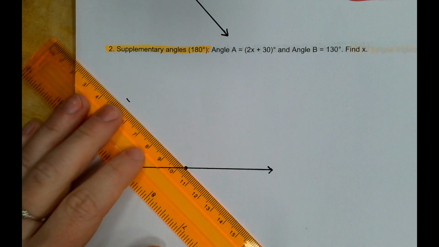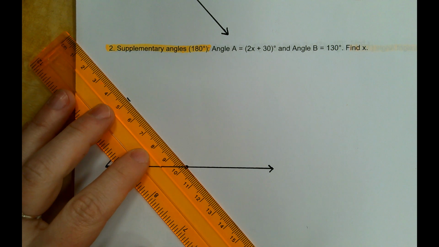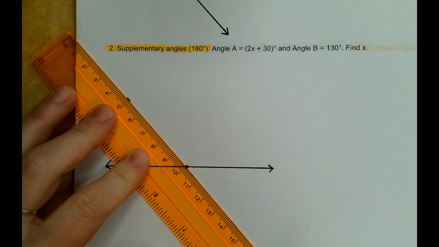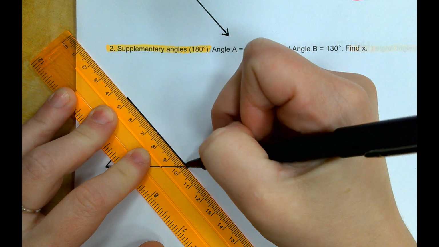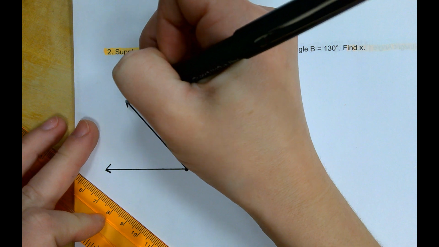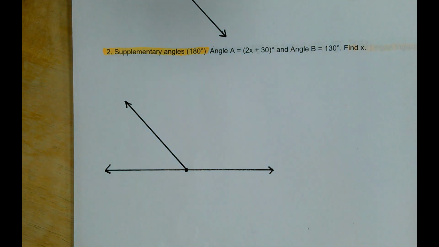Perfect. And you could put your angle or that kind of ray in the middle on either side, but I'm going to put mine pointing towards the left so my smaller angle comes first. And we could do it either way.